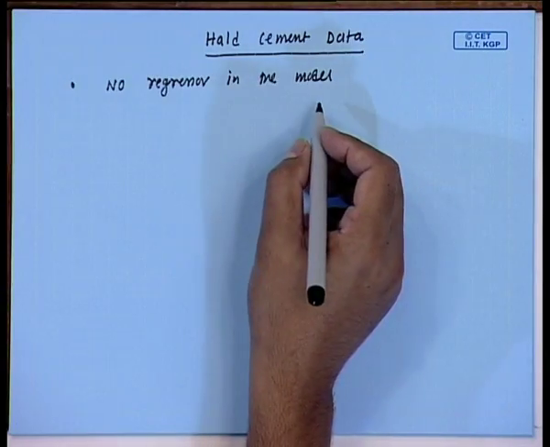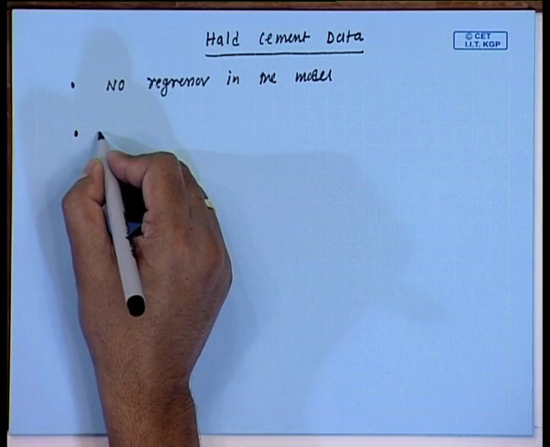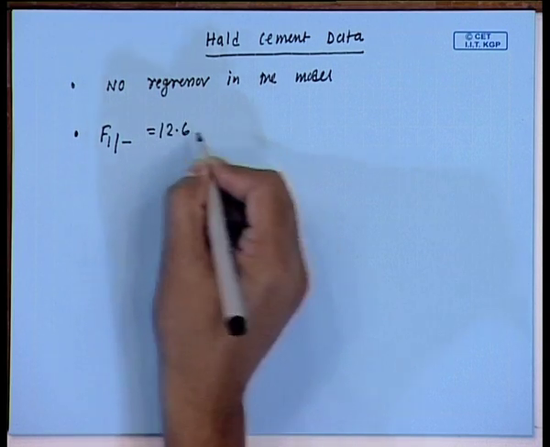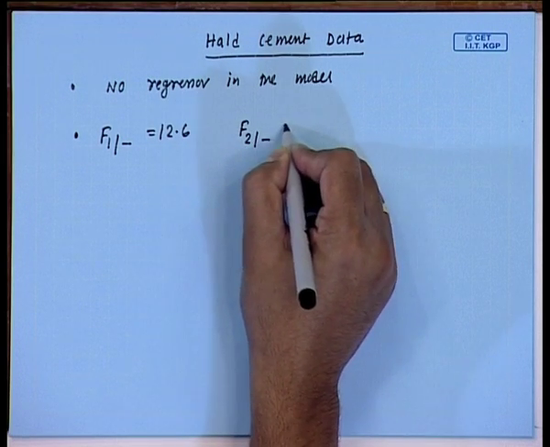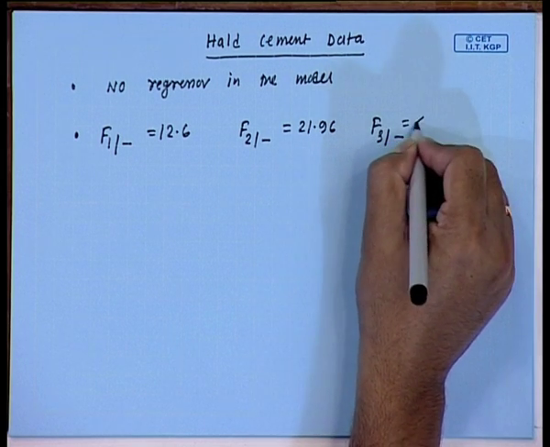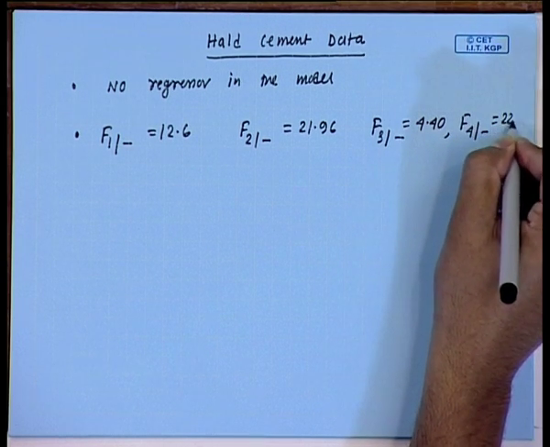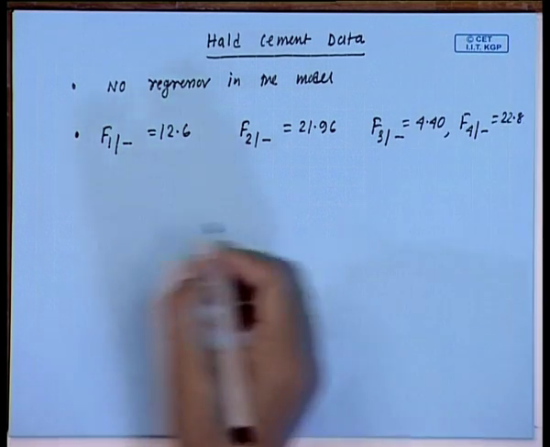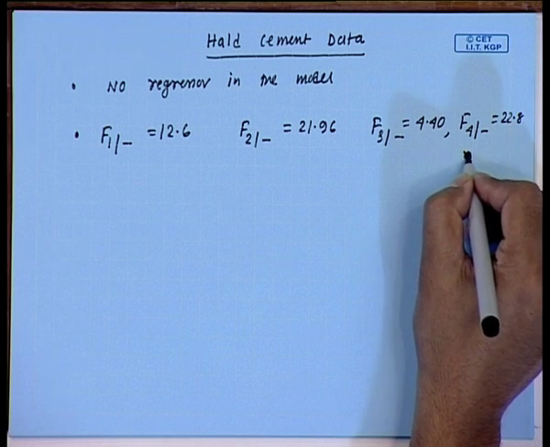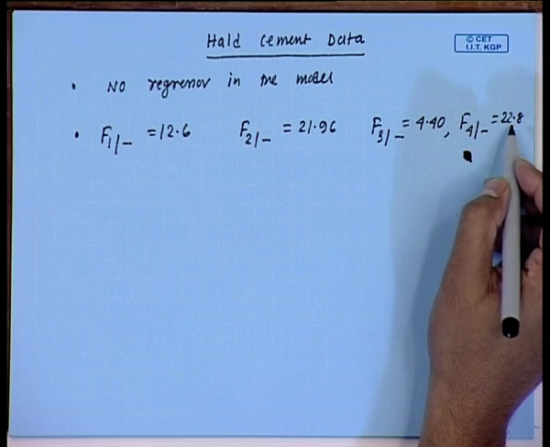Now, I illustrate the stepwise selection. Initially there is no regressor in the model. Then, like the forward selection, we have the value F 1 equal to 12.6, F 2 in the presence of nothing equal to 21.96, F 3 in the presence of nothing equal to 4.40, and F 4 in the presence of nothing equal to 22.8. So, this one is the highest. We do not compare it with the tabulated value.